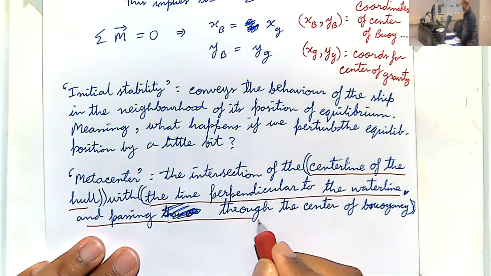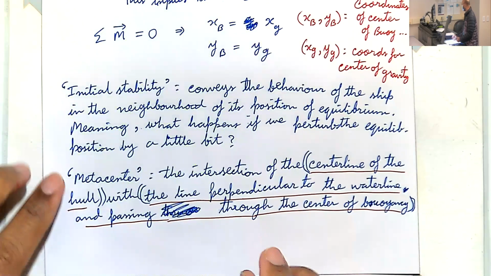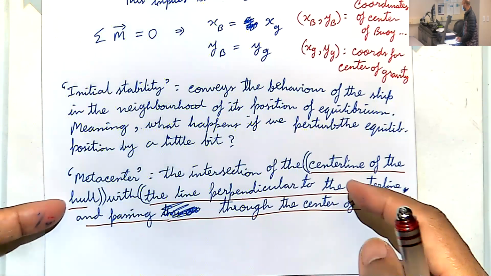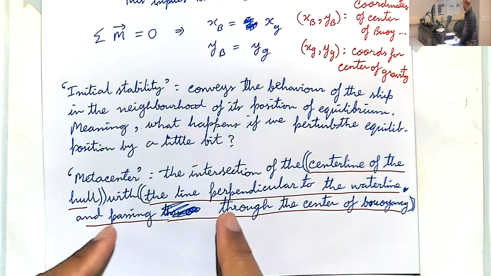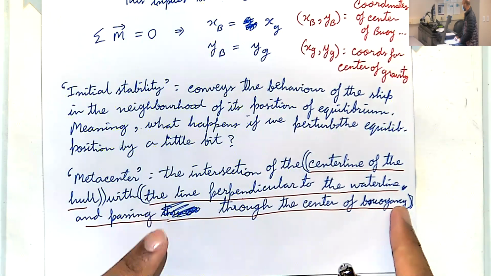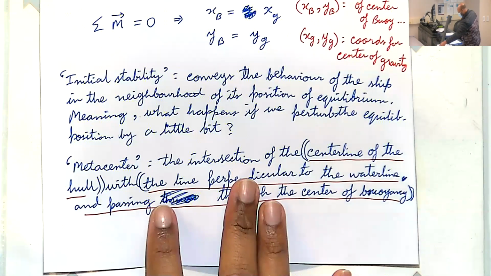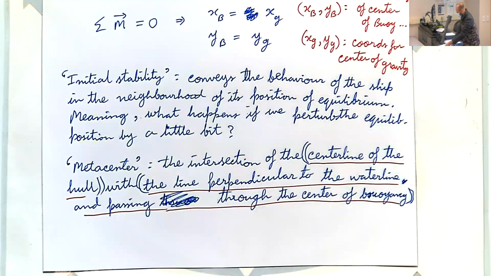Okay, I've just underlined it to separate out the two lines, basically. Center of the hull is one line, and line perpendicular to the water line is another line. But this line should also pass through the center of buoyancy. I'll draw a sketch and it will become clearer.